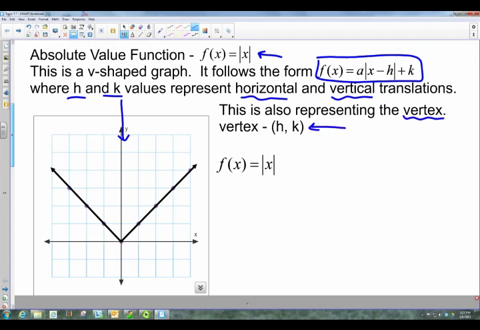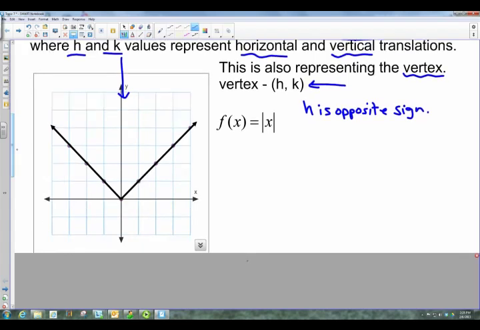Now the important thing, remember, h is the opposite of what it looks. Okay, so if you had an x plus 2, the h is actually a negative 2 because you have to have 2 negatives to make that a positive. So just watch that and be careful.